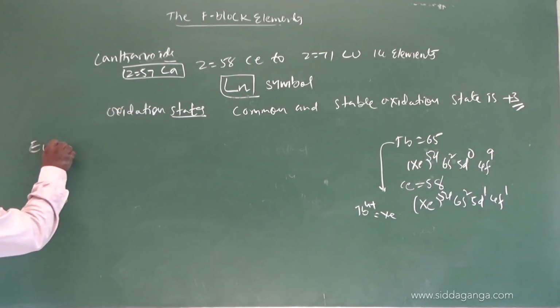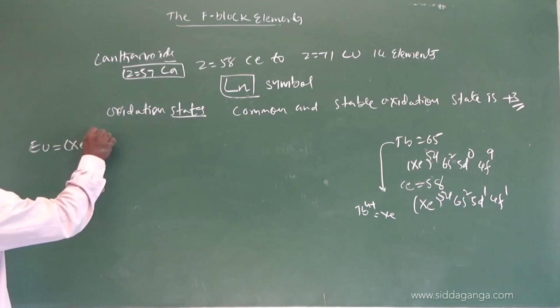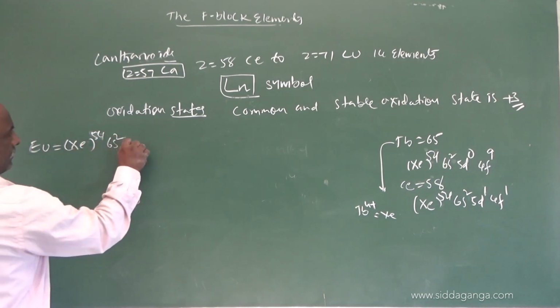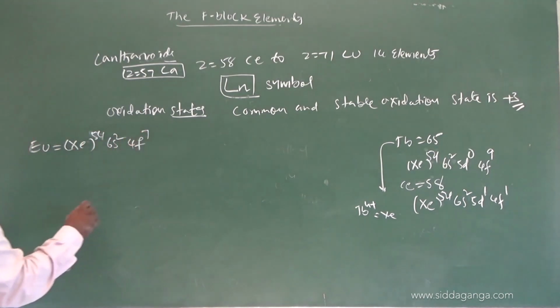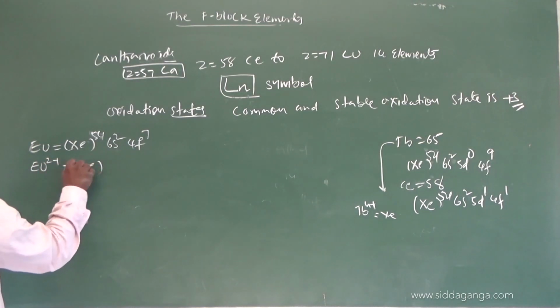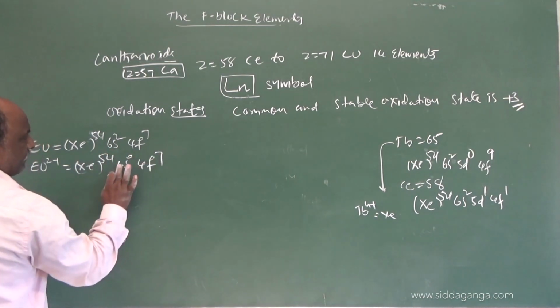Eu is xenon 54, 6s2, 4f7, and Eu2+ is xenon 54, 6s0, 4f7.